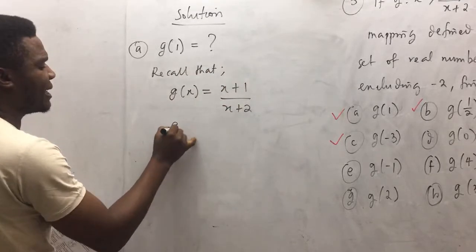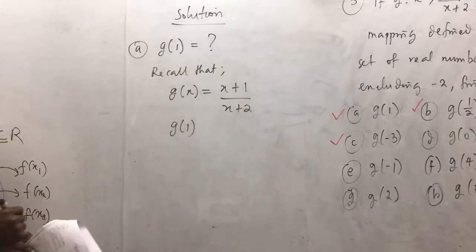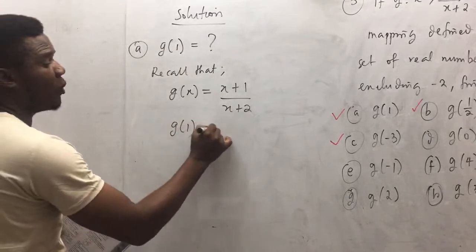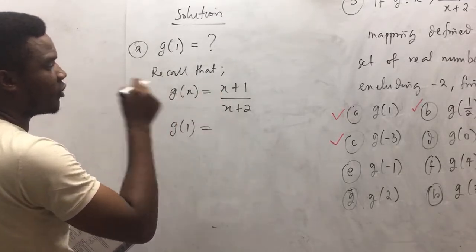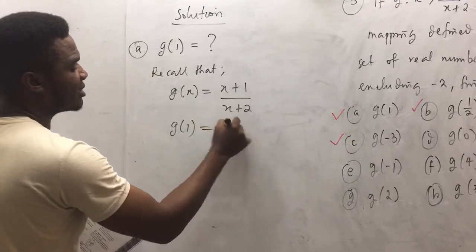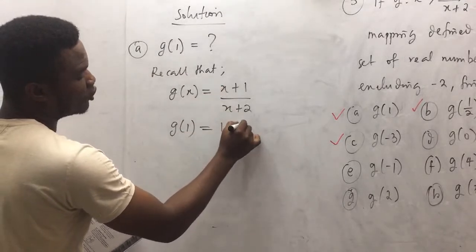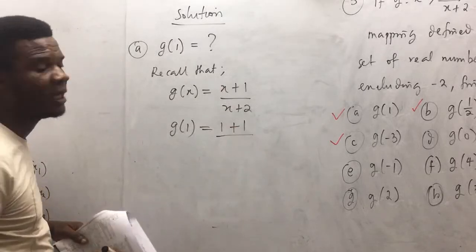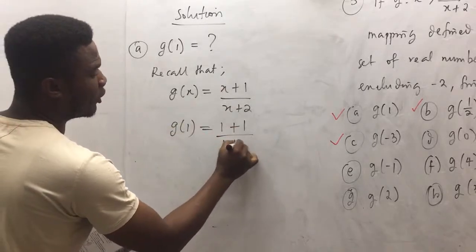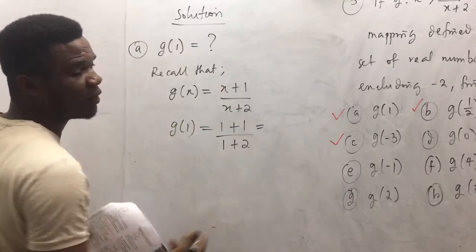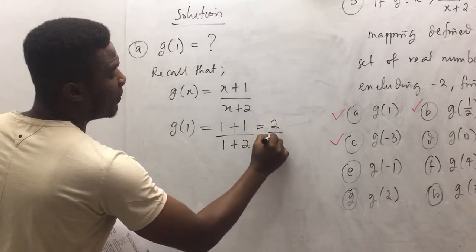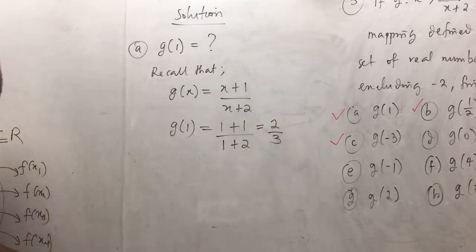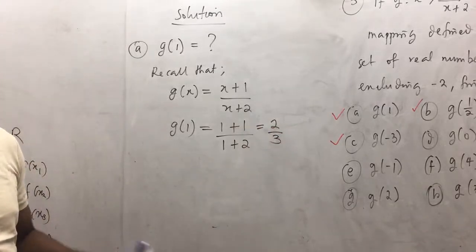So when x is 1, all you have to do is replace x with 1 wherever you find x. So in place of this x, I put 1, giving 1 plus 1, and in the denominator, 1 plus 2. So g of 1 is 1 plus 1, which is 2, all over 1 plus 2, which is 3. So you can see it is that simple.